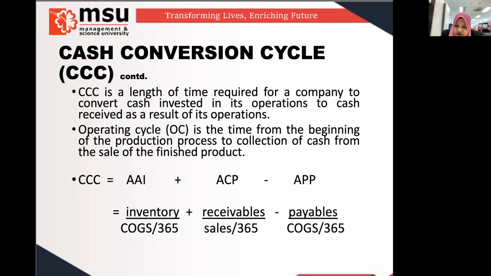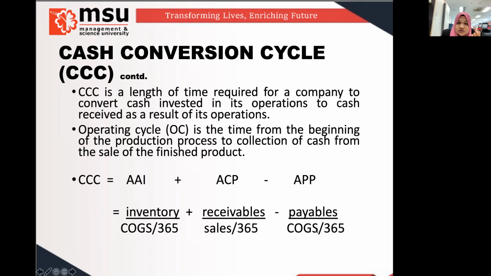Okay. Now we get the information for operating cycle. So now we want to know how long is the cash conversion cycle. So we have to calculate average payment period. APP is average payment period. Average payment period, it is account payable divide with the average cost of goods sold per day.